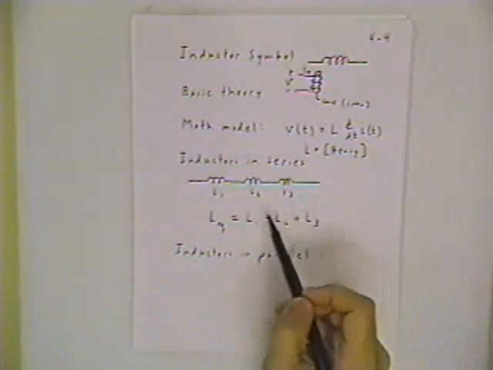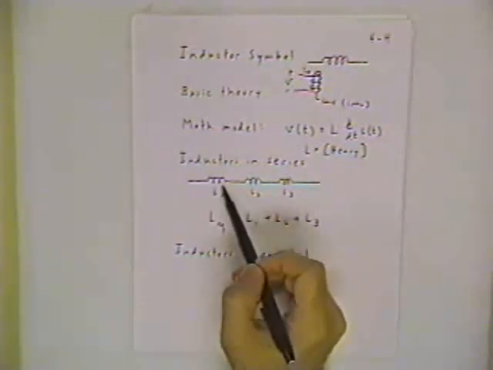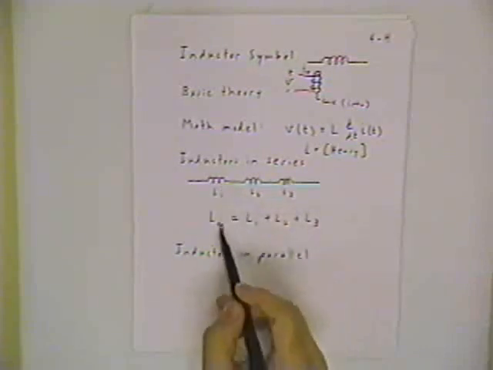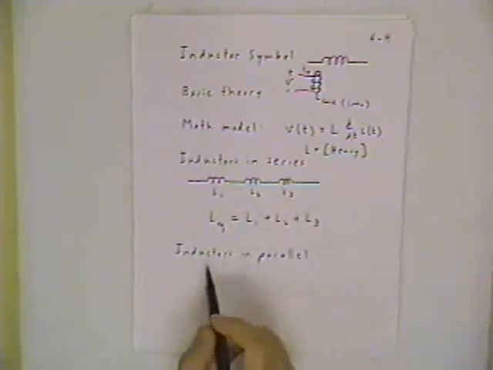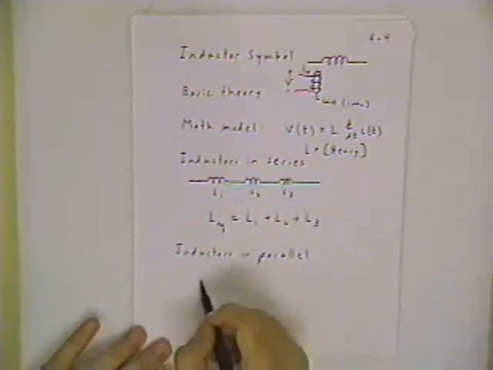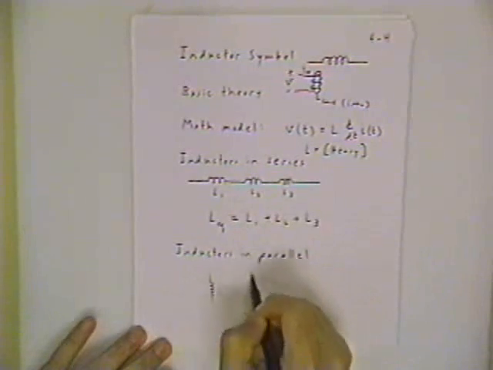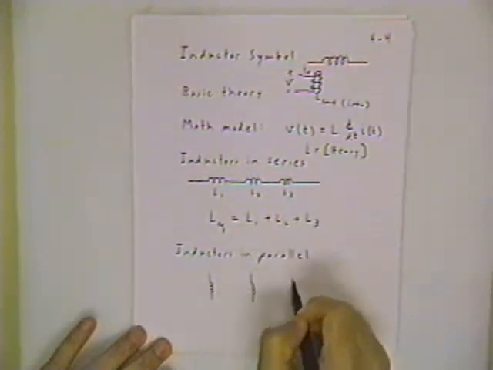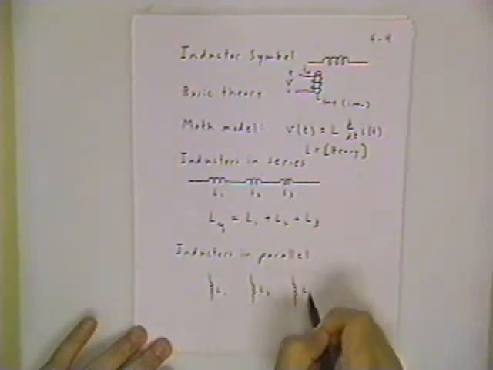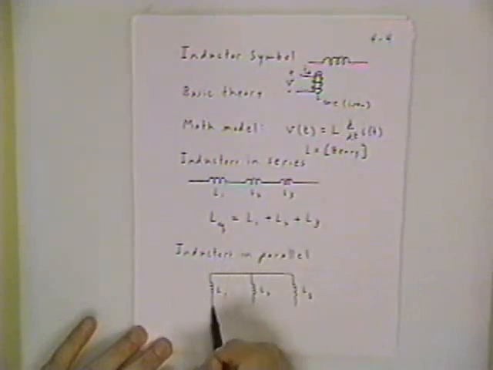All you have to do to remember that is to think of the conducting wire that this inductor is made out of as analogous to a very low resistance resistor. And resistors in series add like this. Resistors in parallel add according to inverses, and so you should expect inductors in parallel to add the same way. So if I have L1, L2, L3, that's actually an inductor, even though it looks a little bit sloppy.